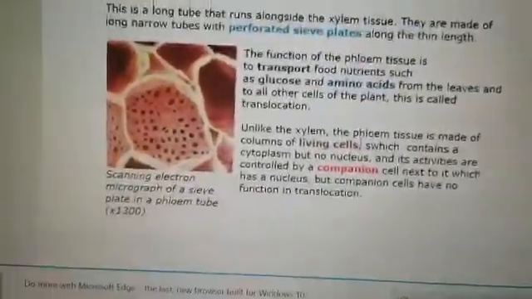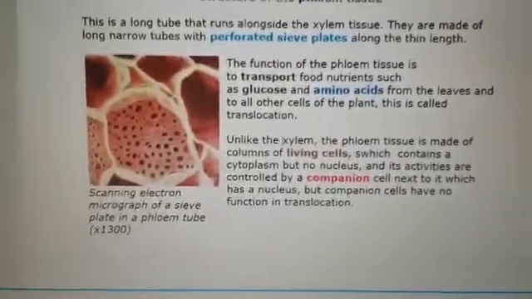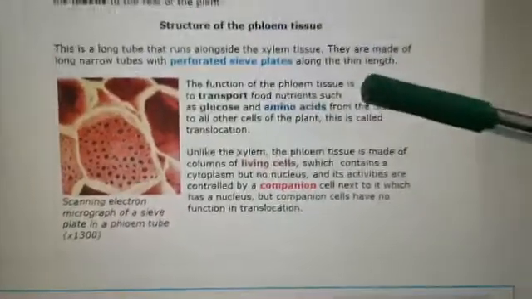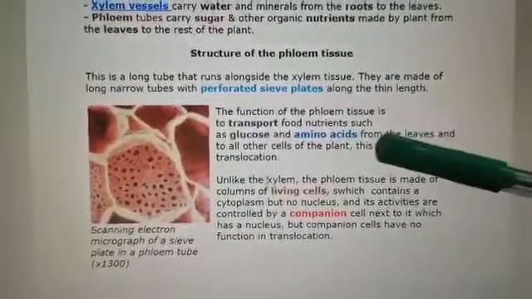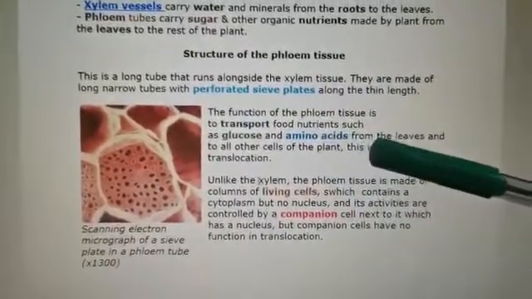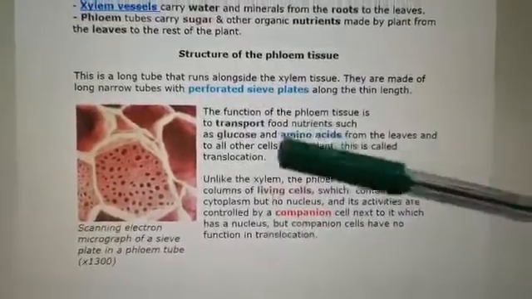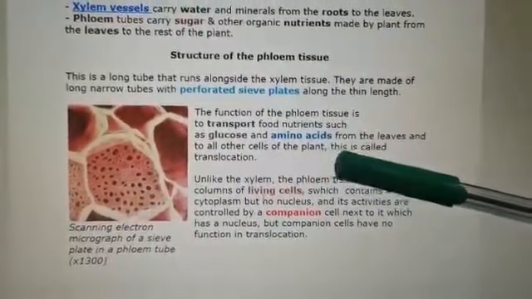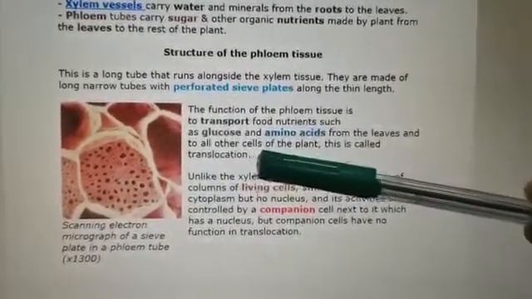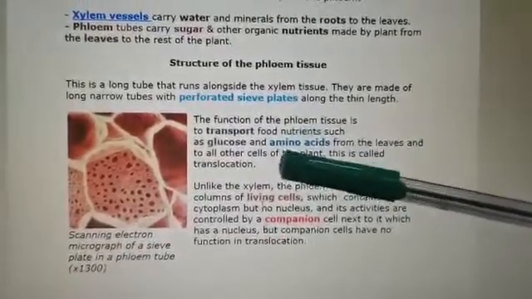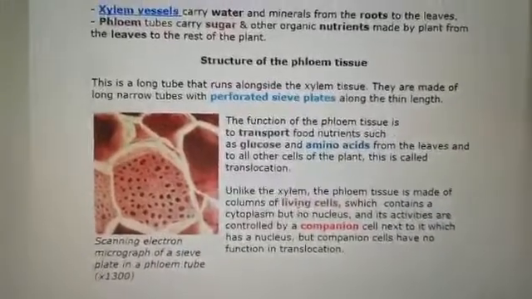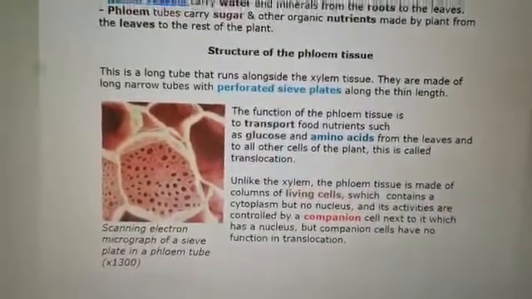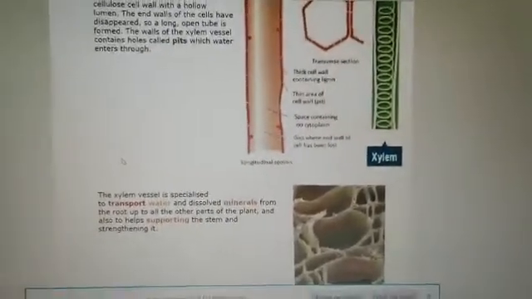You can see the function of the phloem tissue is to transport food nutrients such as glucose and amino acids from the leaves to all other cells of the plant. This process is called translocation. We will learn about this afterwards also. So these are the structure of phloem and the structure of xylem.